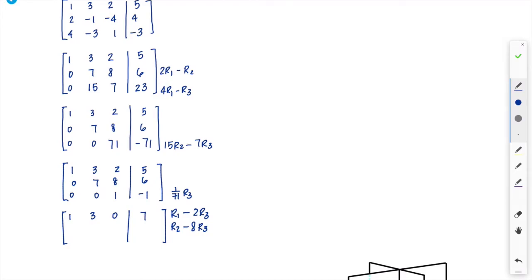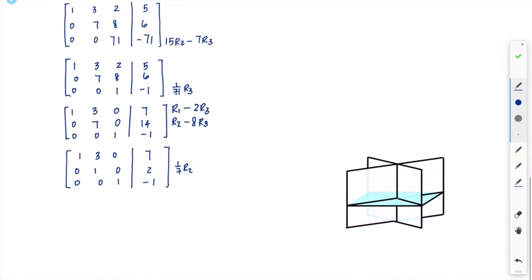For R2, 0 minus 0, 7 minus 0, 8 minus 8, so 6 minus 8, so 6 plus 8, 14. All right, keep going. Second row, I can definitely make the number smaller by dividing R2 by 7, so 0, 1, 0, 2, 0, 0, 1, -1, 1, 3, 0, 7.